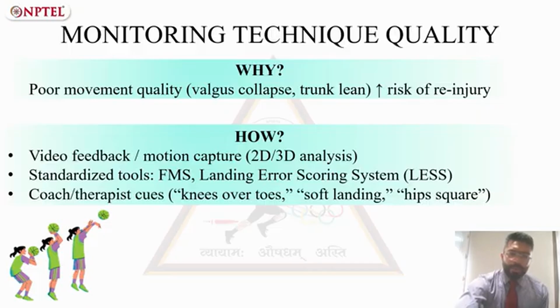Also, the coach or the therapist can give cues or real-time feedback to the athlete such as knees over toes while landing, soft landing, and hip square while jump landing.